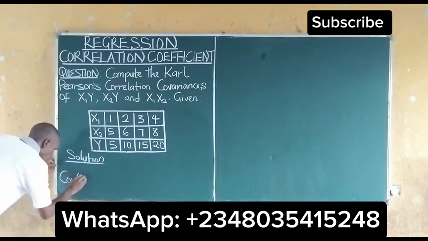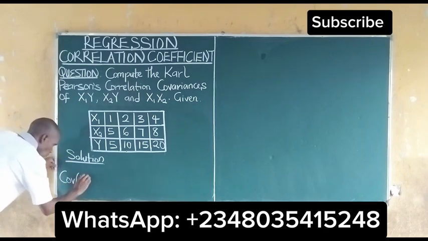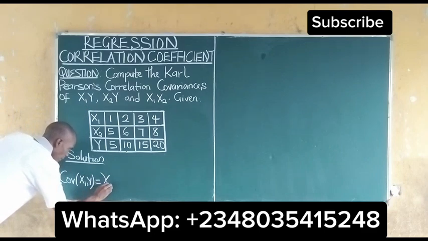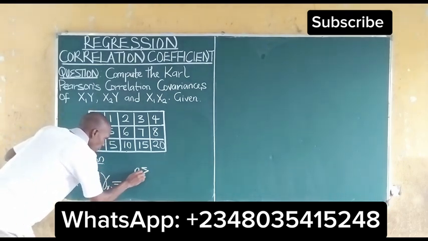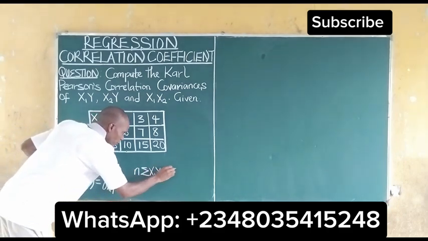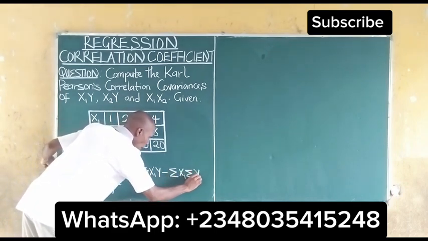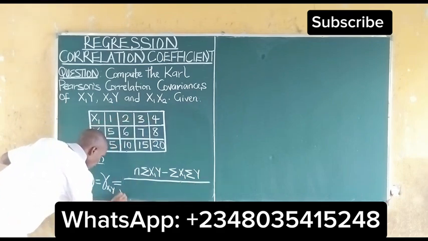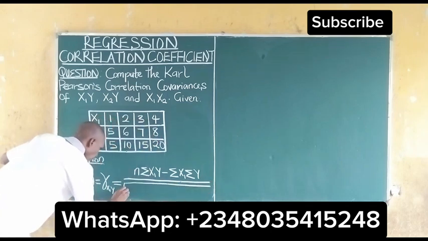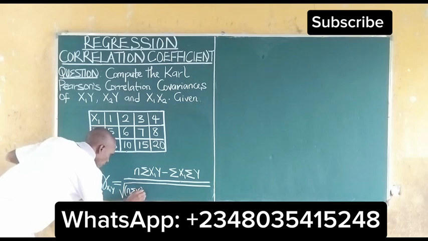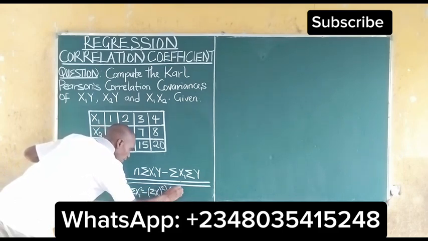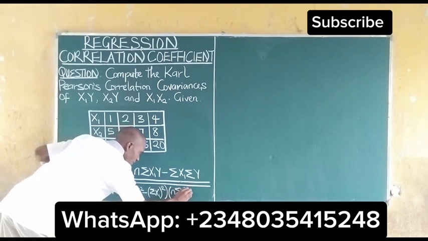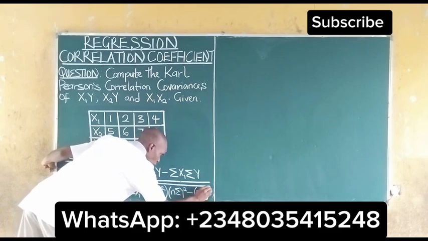The covariance of x1y is the same thing as the Pearson's correlation of x1y, which is equal to n summation x1y minus summation of x1 summation of y, all over the square root of n summation of x1 squared minus summation of x1 all squared, multiplied by n summation of y squared minus summation of y all squared.